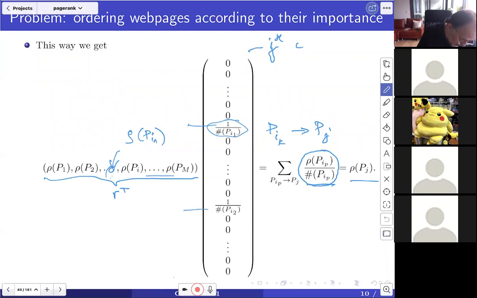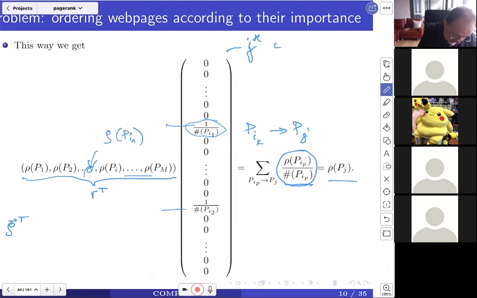If you are multiplying rho transposed, because vectors are always represented as columns, so we have to transpose it to get a row vector.